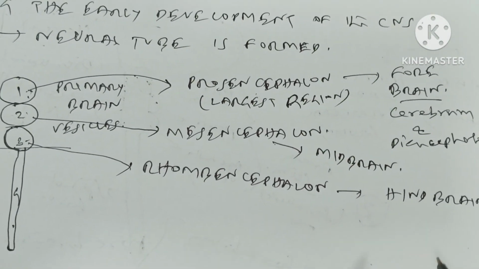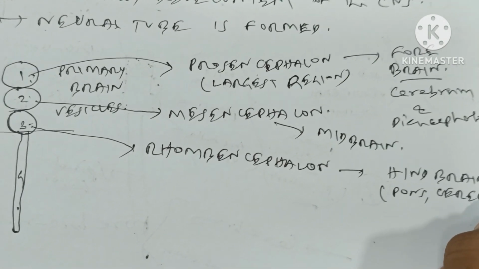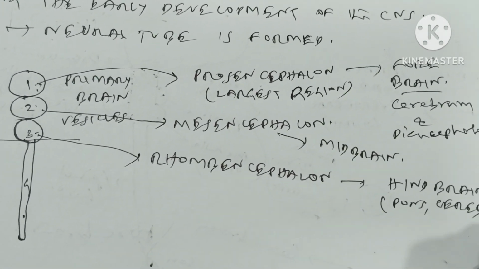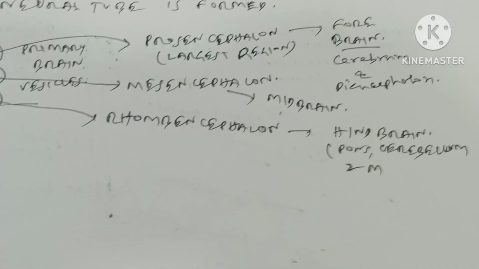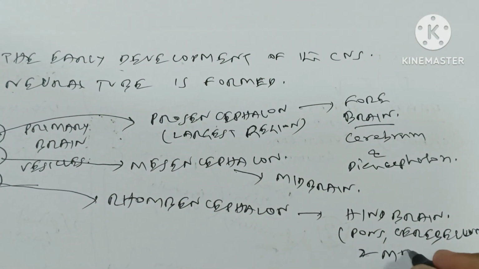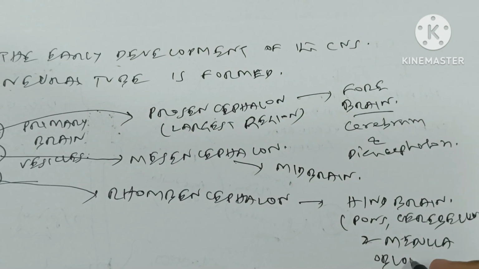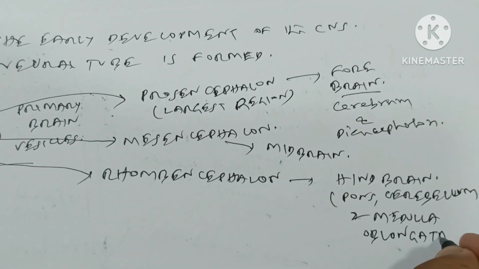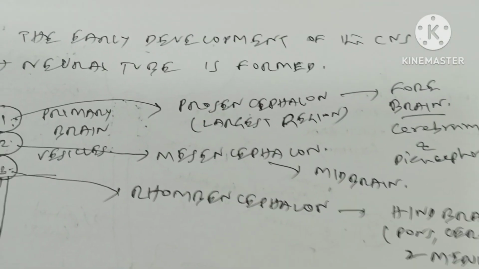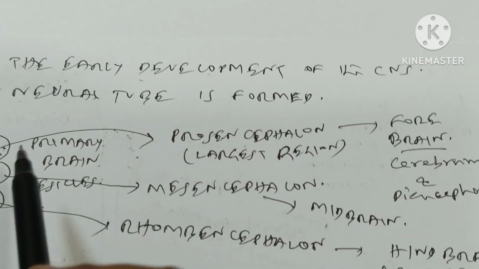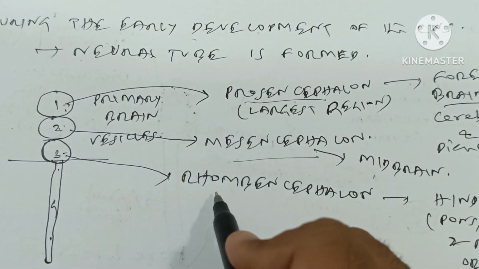We already know that the hindbrain comprises the pons, cerebellum, and medulla oblongata. Initially, 3 primary brain vesicles are formed: prosencephalon, mesencephalon, and rhombencephalon.